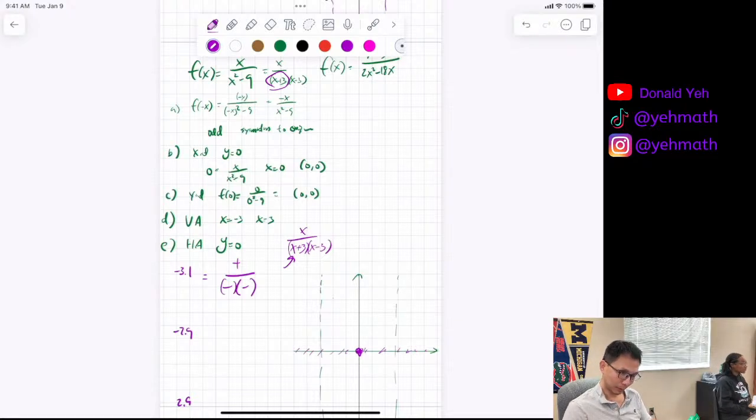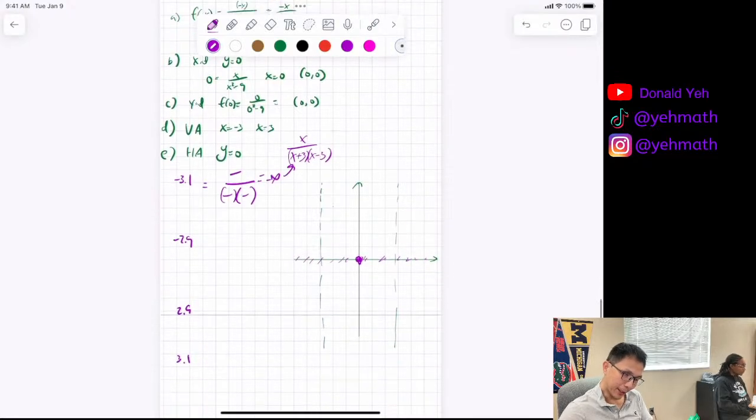Wait, how's the top positive? Oh, top is negative, my bad. So what happened at the end is negative infinity. So on this side, it's going toward negative infinity. Does that make sense? This part is going to go to the horizontal asymptote.